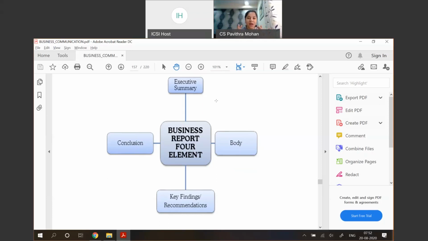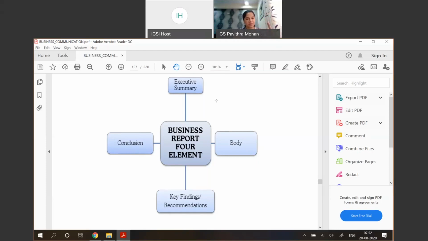The next will be the body of the report. The body of the report will contain the entire details, like whatever I've given in the table of contents. Just remember any of your college textbooks, or ICSI textbooks. We have the chapters, then information about the chapters, then the contents covered in them.